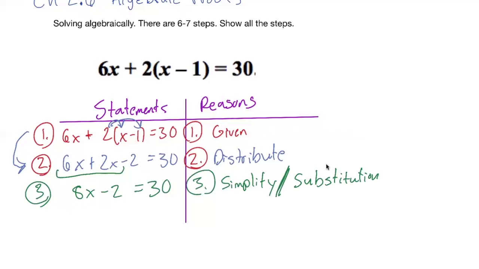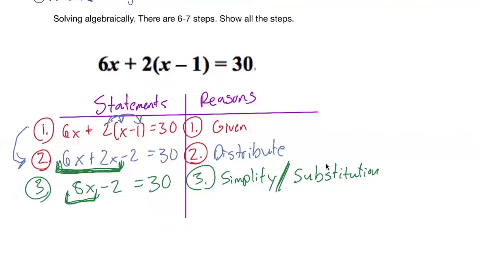Right, I'm pretty sure simplify makes sense to you guys. But the reason why substitution will work too, remember the word substitution is you're just switching out, right? You're switching one thing out for another thing. So the first thing you're switching out is this, 6x plus 2x, you're switching that out for 8x. Right, that's why it's called substitution. Okay, you're just switching those two.